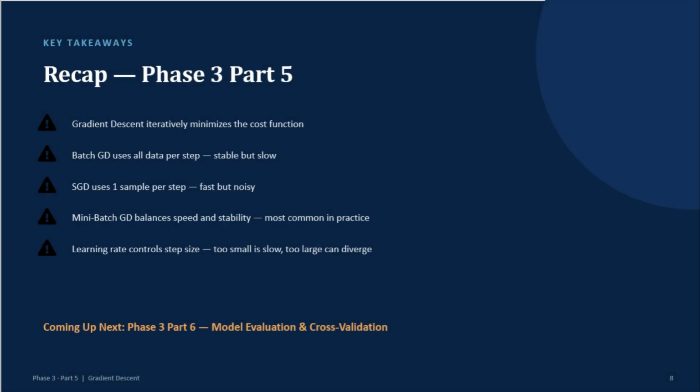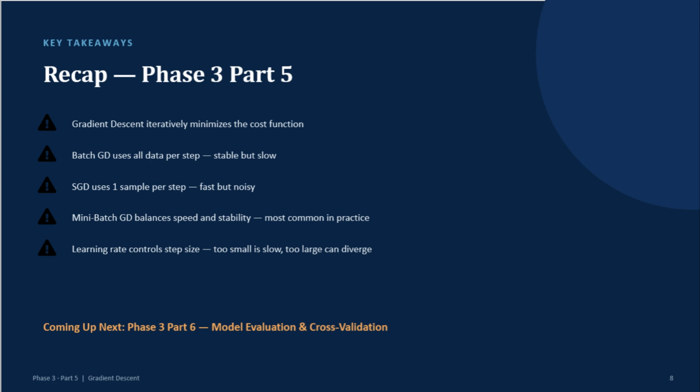Let's quickly summarize what we learned today. We learned that gradient descent is an optimization algorithm that helps machine learning models minimize their prediction error. We explored batch gradient descent, stochastic gradient descent, and mini-batch gradient descent, and understood the strengths and limitations of each approach.